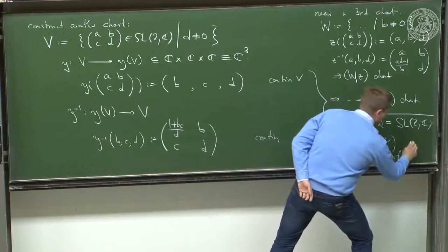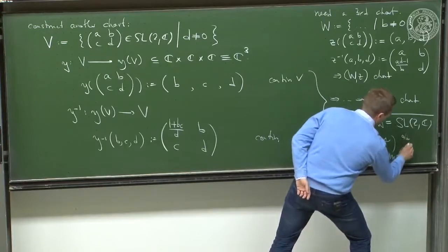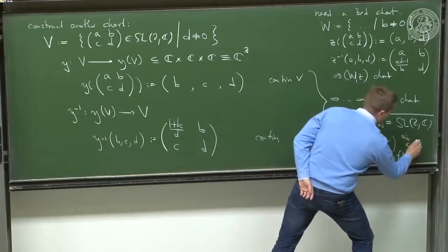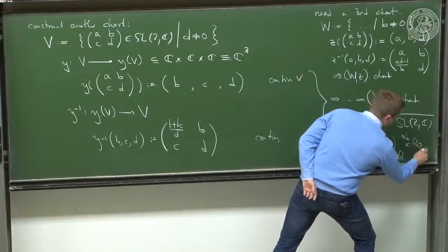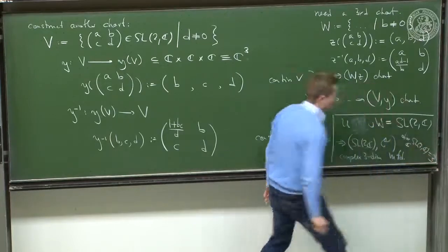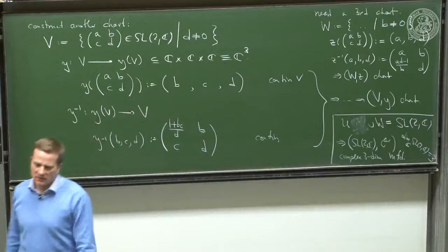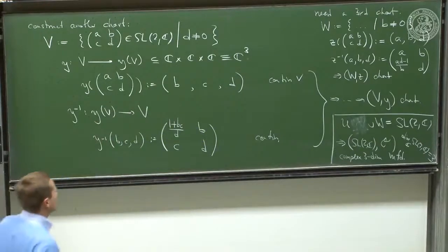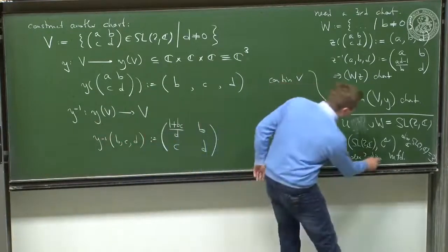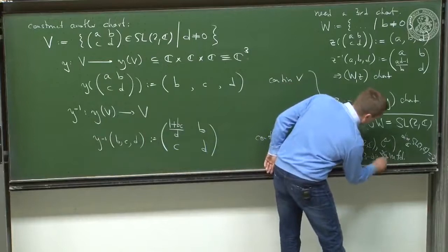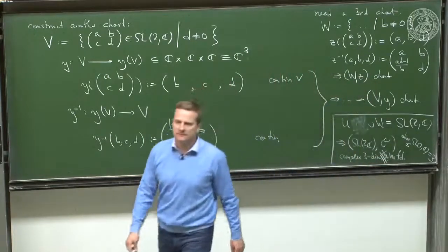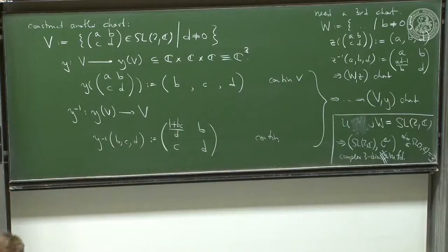So sometimes we would write dim sub C, with respect to complex numbers, of SL2C is 3. There we go. We have a three-dimensional complex, I should say topological manifold. Okay, full stop. Any questions so far?